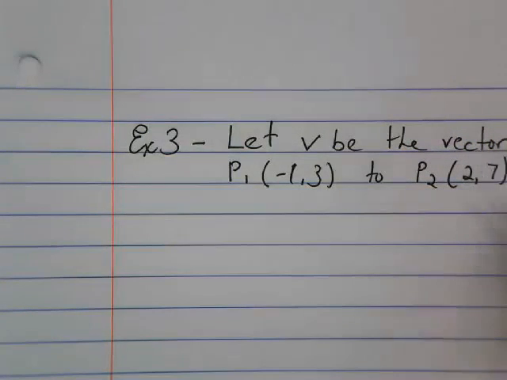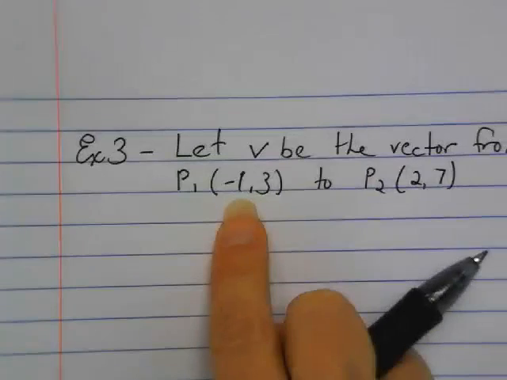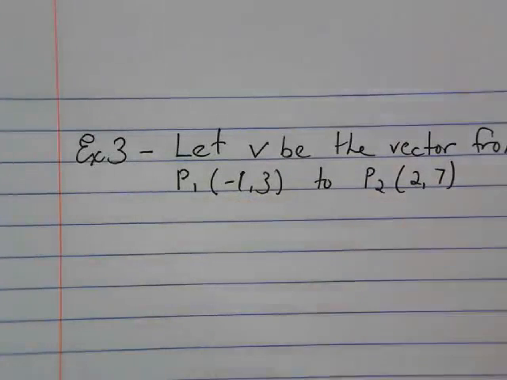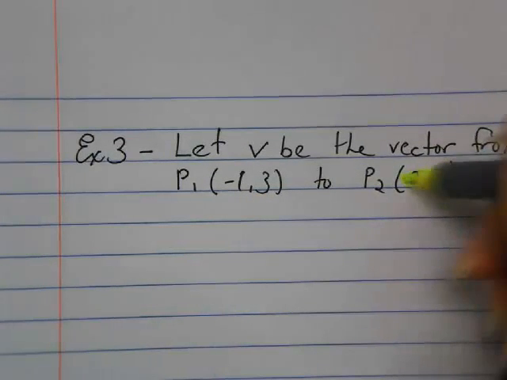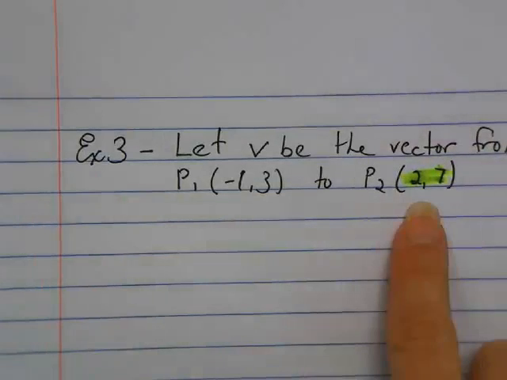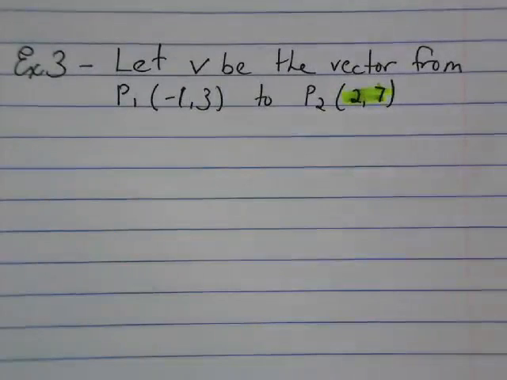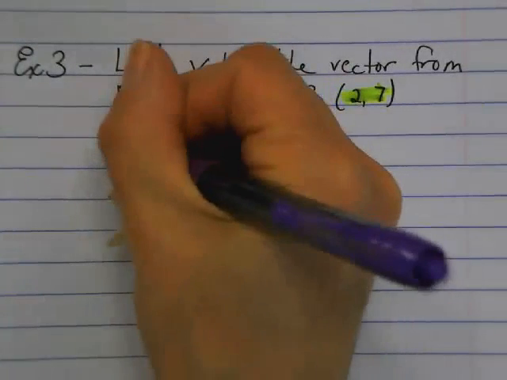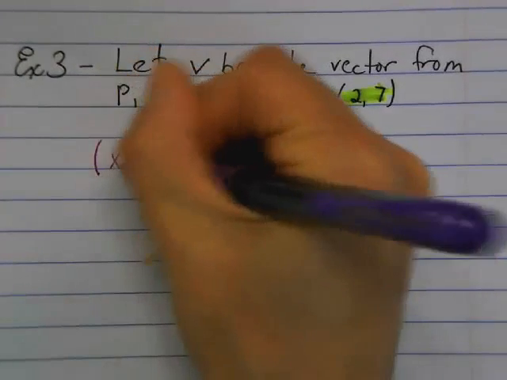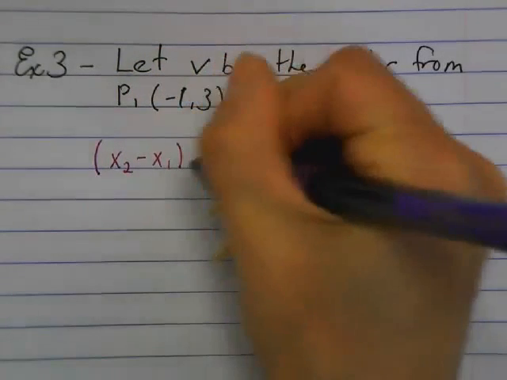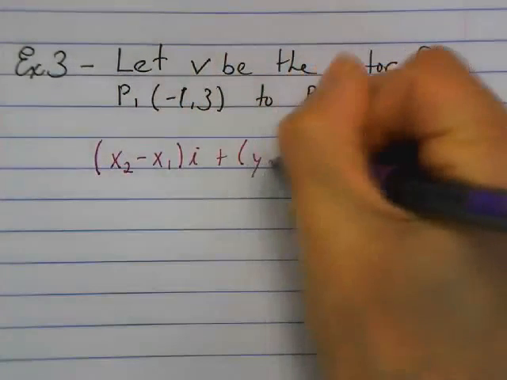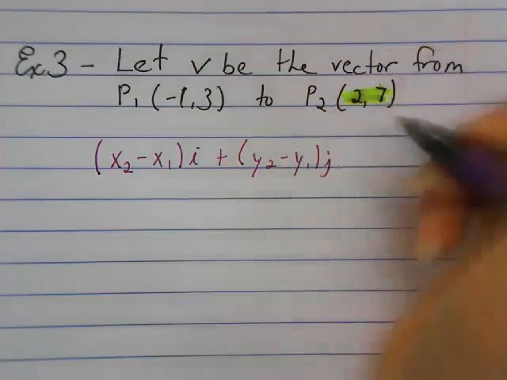So my vector starts here. This is my terminal point. So I'm going to go ahead and highlight my terminal point. So this is the point that I have to use first. Alright, so the formula I just gave you was x2 minus x1 i plus y2 minus y1 j. That's going to be defined as vector v.